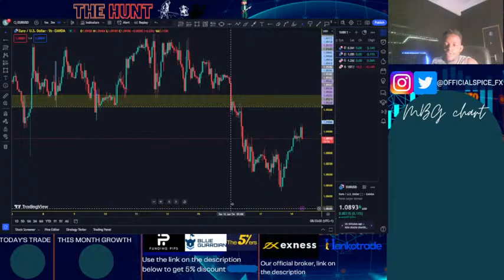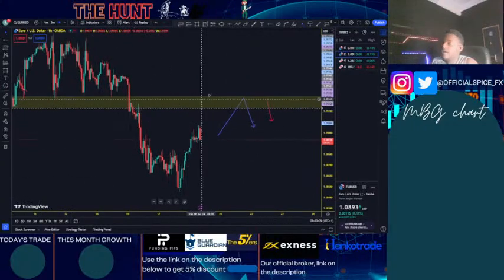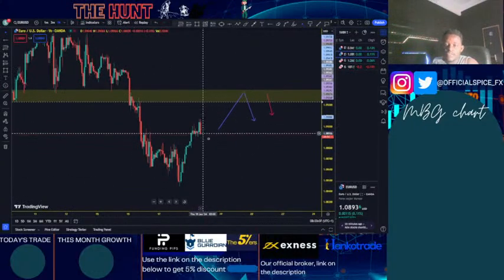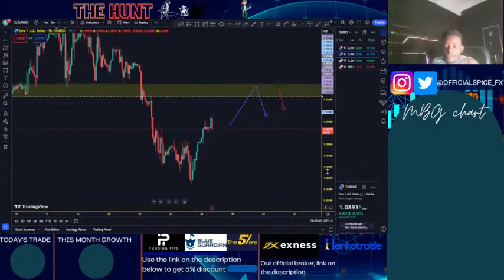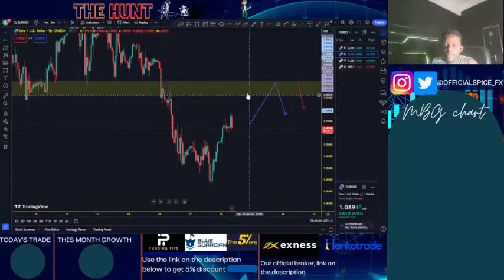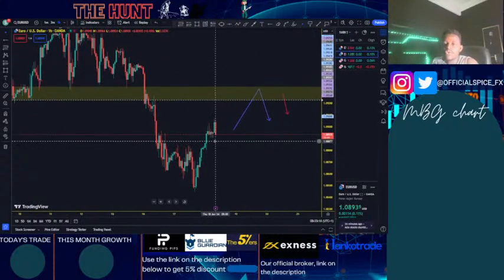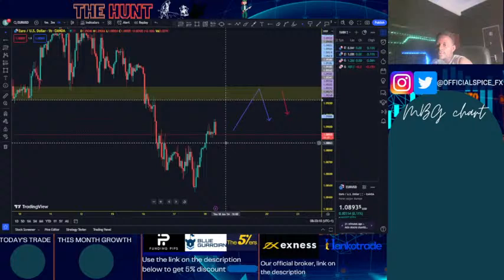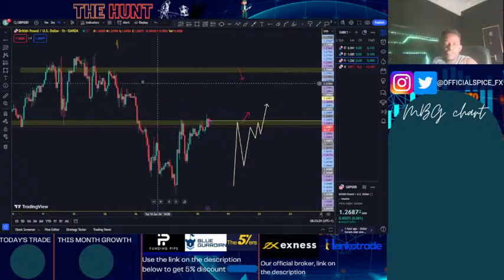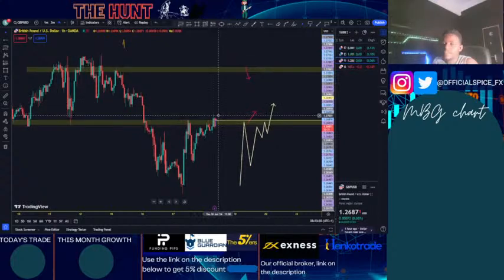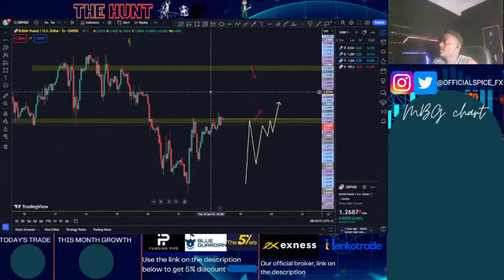I'm very, very sure of that. I have around 70% surety that price is going to move back to this point right here. How it wants to get there, I don't know, but I know price is coming back up here. Which gives me a little belief that GBP USD will also move up. So that's part of what influenced this decision.